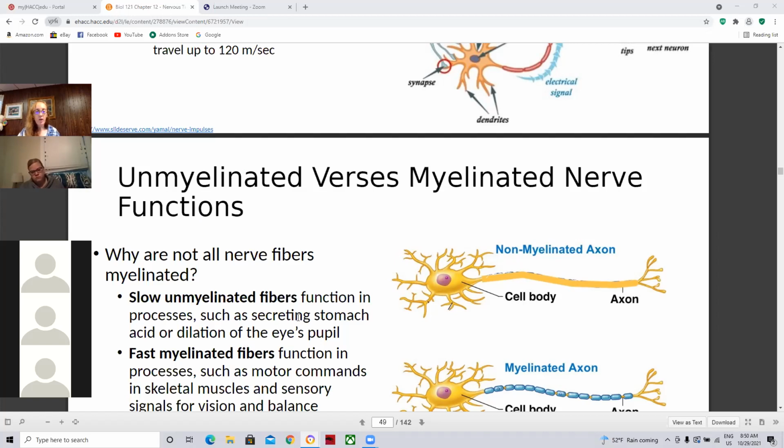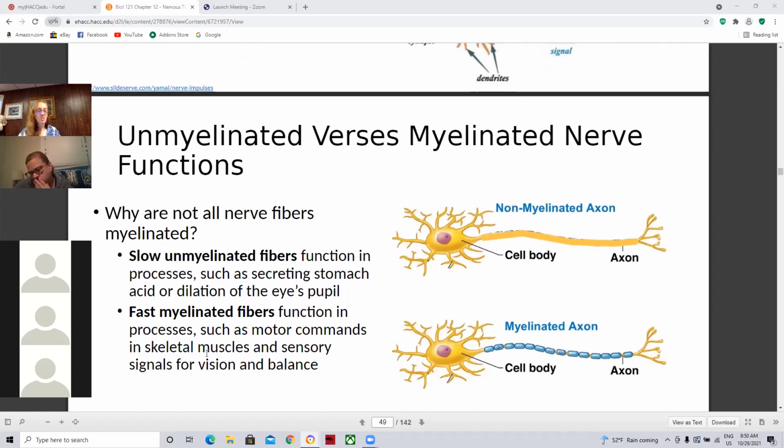So slow unmyelinated fibers function in processes such as secreting stomach acid or dilating the eye's pupil. Fast myelinated fibers function in processes such as those involving the skeletal muscles and sensory signals for vision and balance.